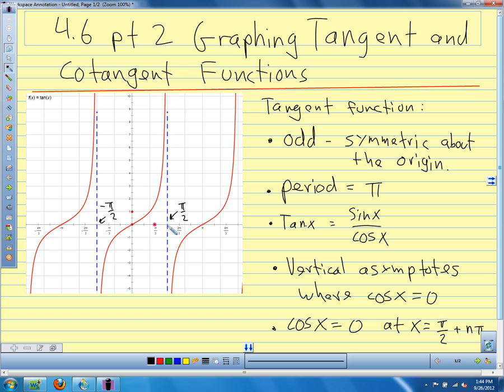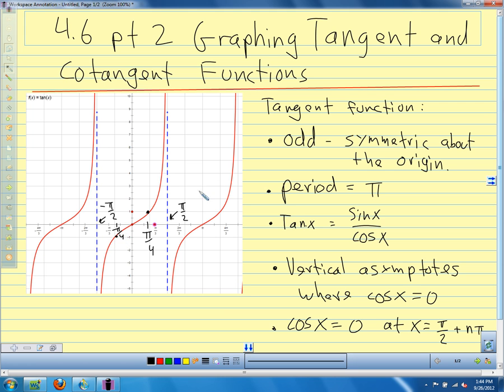So here's pi over 2, and my x-intercept is at 0 for my tangent function. Halfway between pi over 2 and 0 is pi over 4. And at pi over 4, my y value is 1. And for this function, y equals tangent x, a equals 1. And if I go here to negative pi over 4, my y value is negative 1.